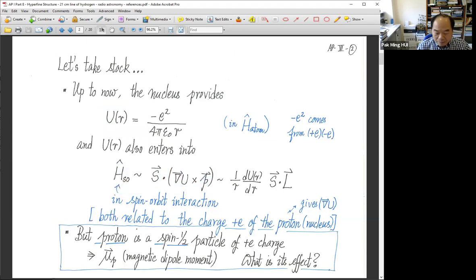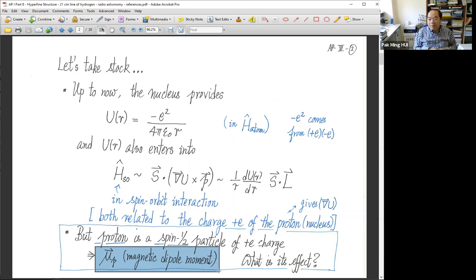But now it's time to ask a further question. The proton has spin half for itself and it is positively charged. So similar to an electron, but with opposite charge, there must be a spin magnetic dipole moment for the proton. It has an effect.